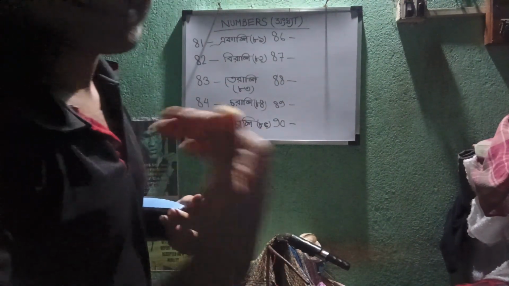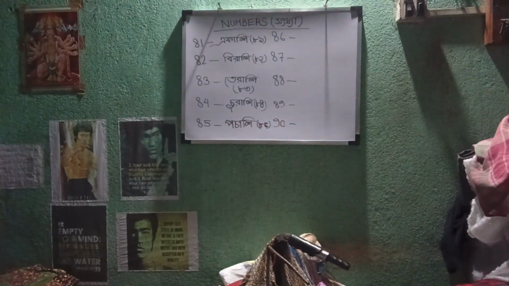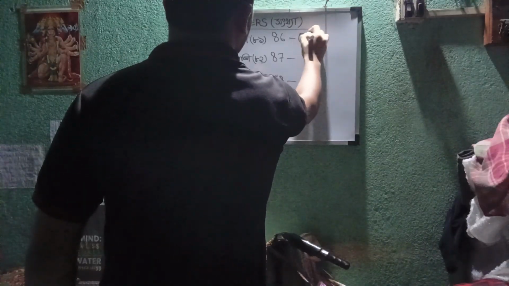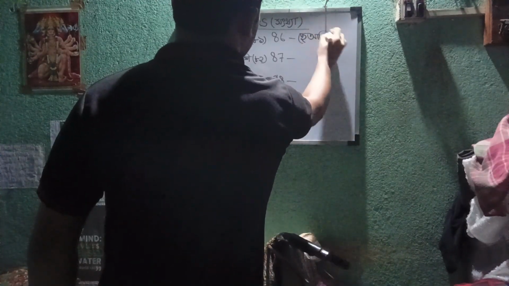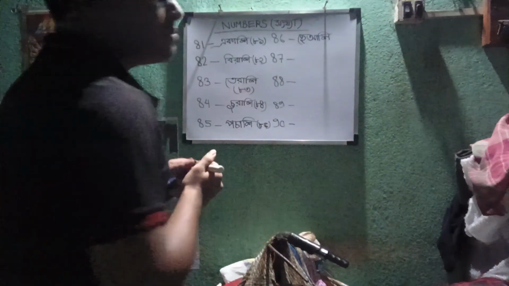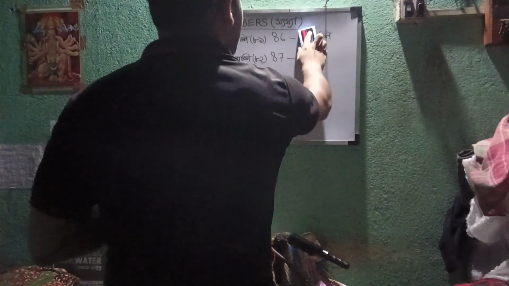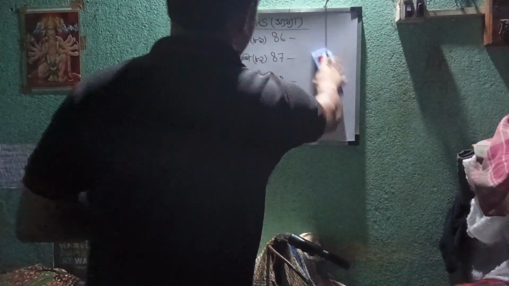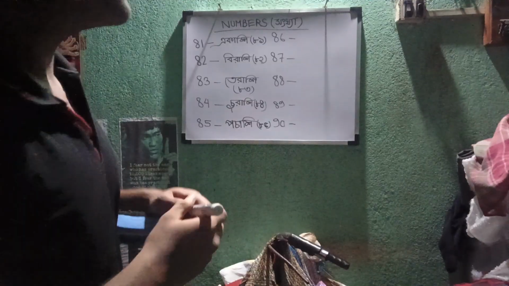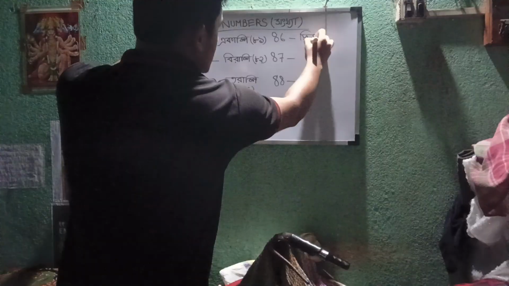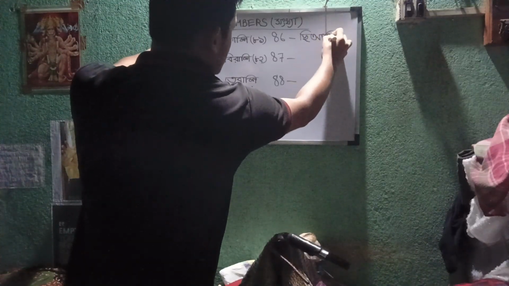86 means chhiyâshi. Or many people write it as chhiyâshi. I am writing chhiyâshi because I use chhiyâshi.